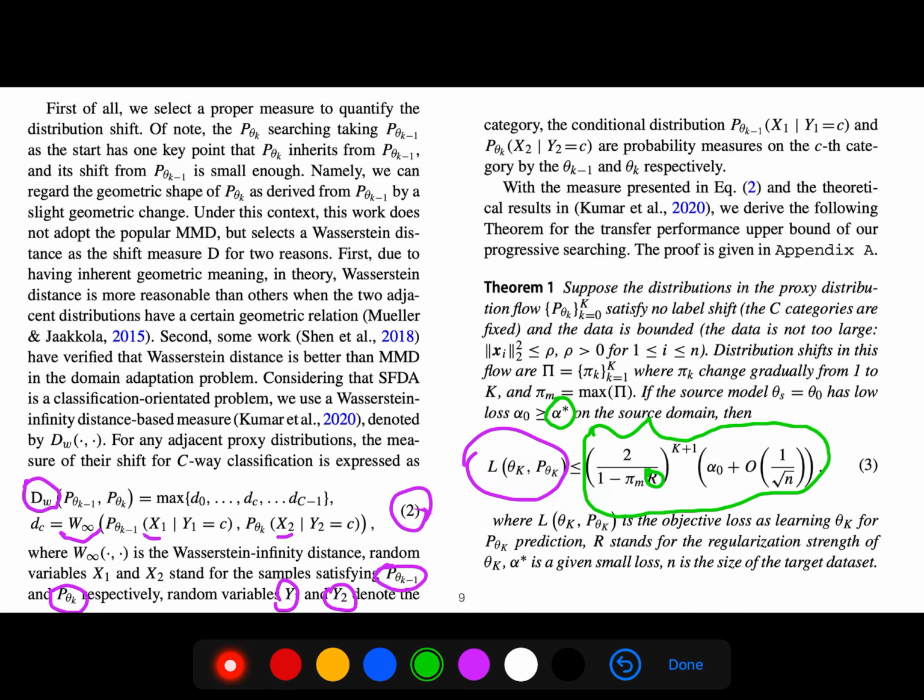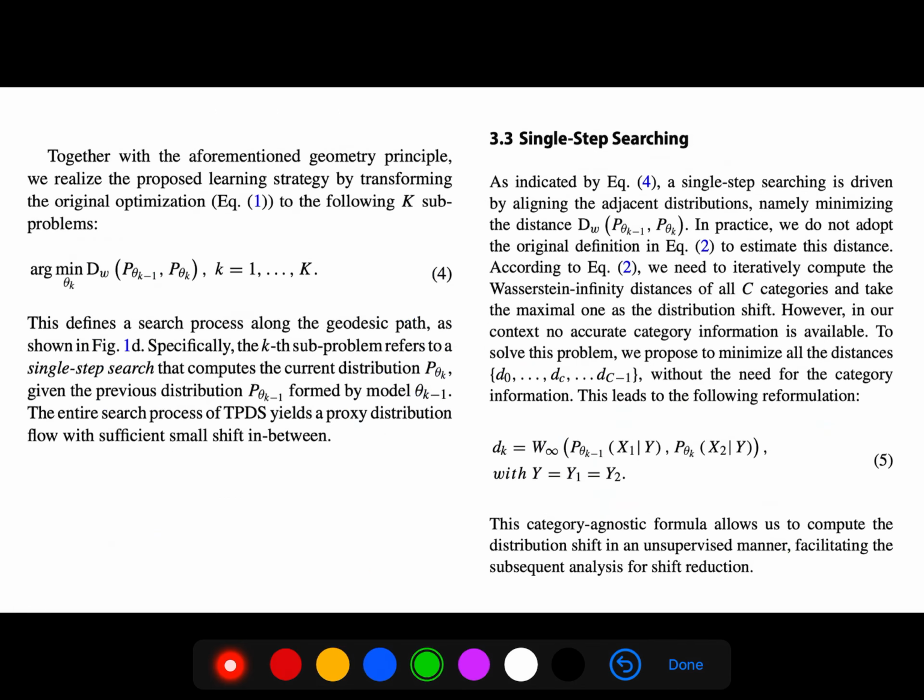And of course, N here is the size of the target data set. Together with the aforementioned geometry principle, we realized the proposed learning strategy by transforming the original optimization to the following k subproblems. This defines a search process along the geodesic path.